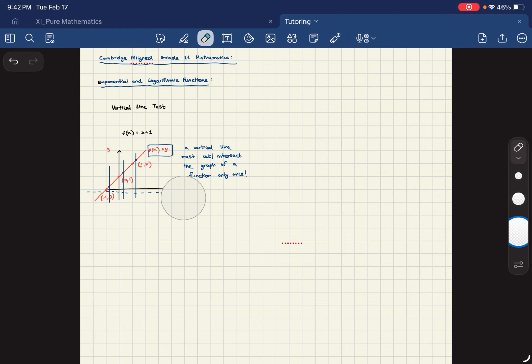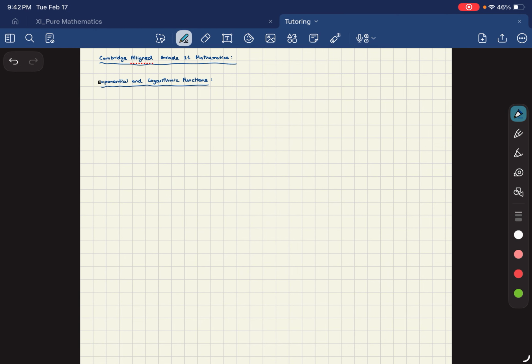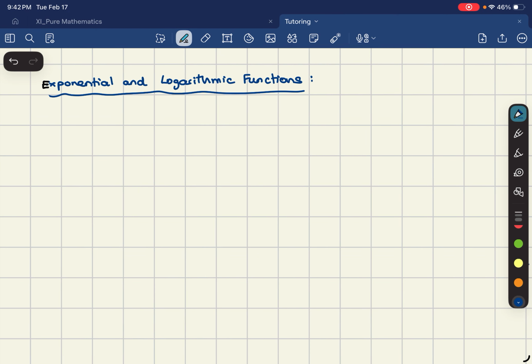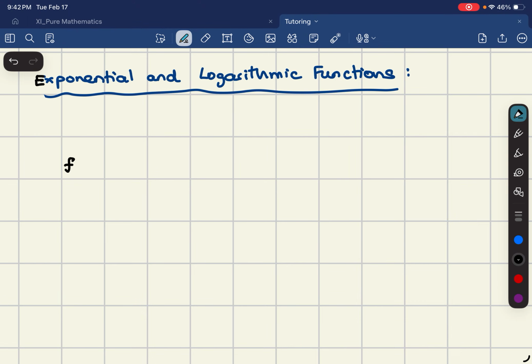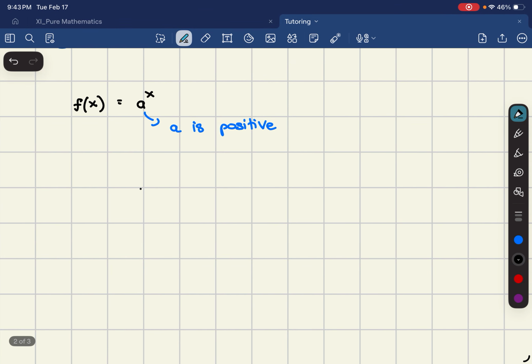So now that we have discussed functions and the vertical line test, let's look at the exponential function. The exponential function f of x is given by a to the power x. And one very important thing is that a is positive. So now let's look at the graph.